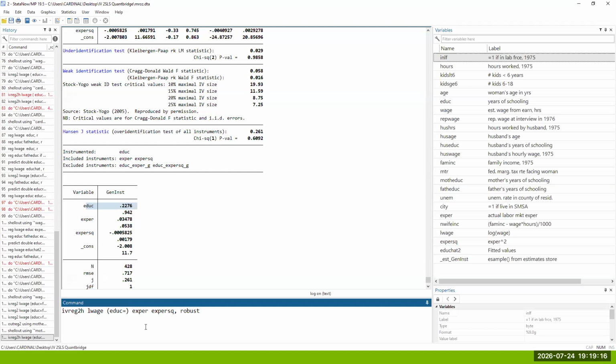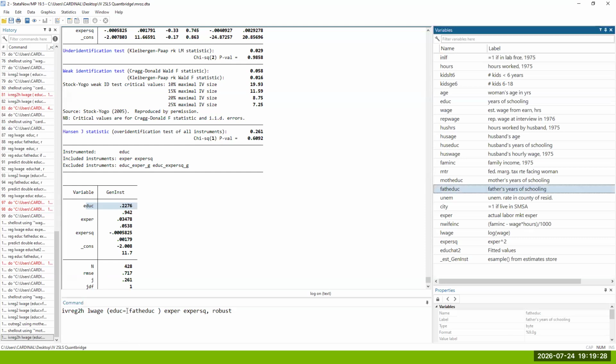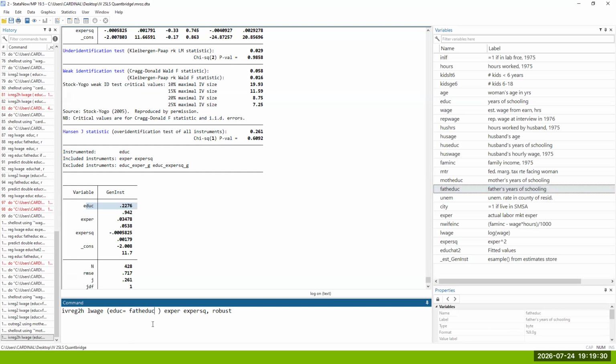If you want to add both internal and external instruments, all you do is not leave the side open. Now include the father's education here. Once you have this, it is going to use internal instrument and external instrument, because for Liouville, the task is to use internal instruments. If you introduce an external instrument, it uses both.